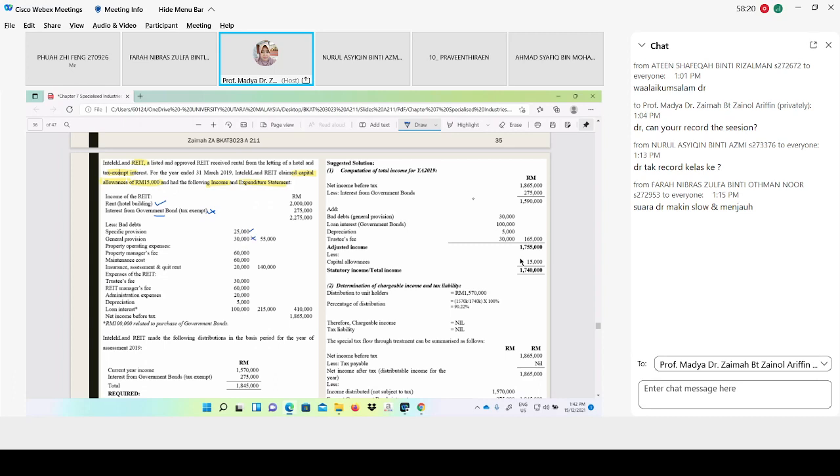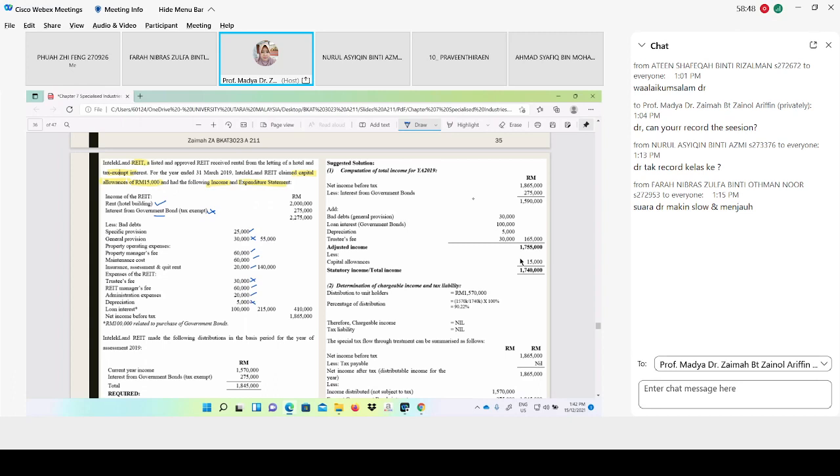Property management fees, allowable. Maintenance, yes. Insurance, assessment and quit rent, yes. Trustee fees, we just came across just now. Trustee fee is always non-allowable. Manager's fees, allowable. Administration expenses, allowable. Depreciation, always non-allowable. And loan interest.